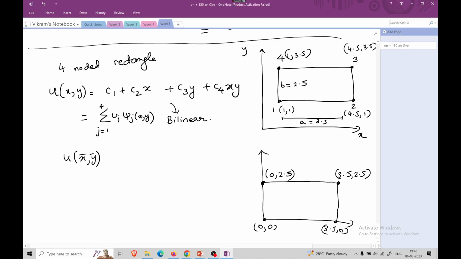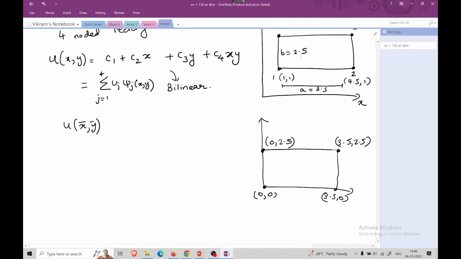So when you have a rectangle like this, since the axes are parallel to both the x direction and y direction in our case, it is easier to shift to the origin, and we are shifting the origin to the first point. So I am going to write in this fashion: c1 plus c2 x bar plus c3 y bar plus c4 x bar y bar.